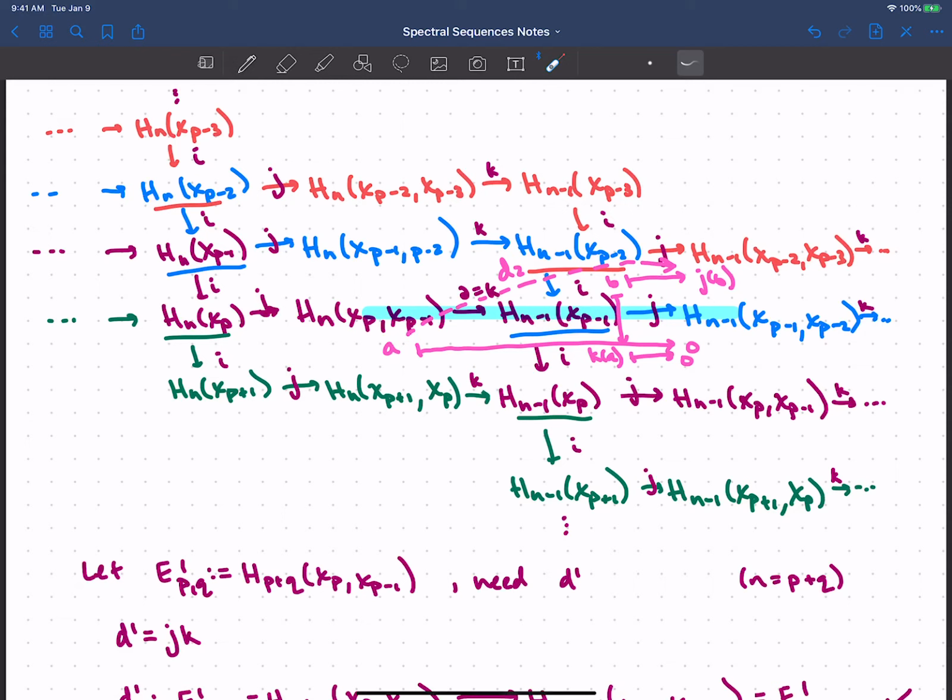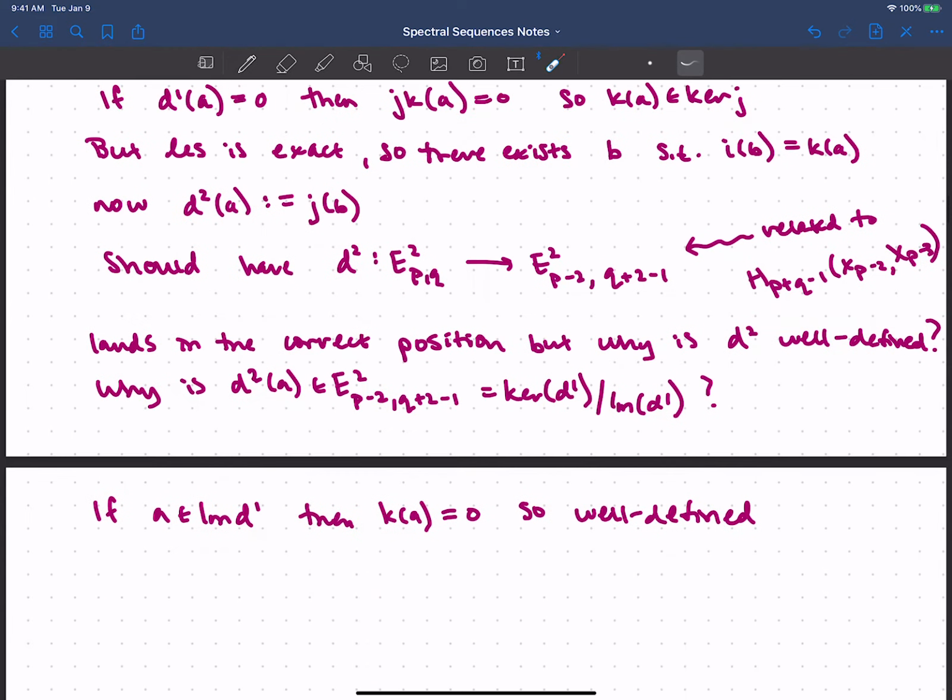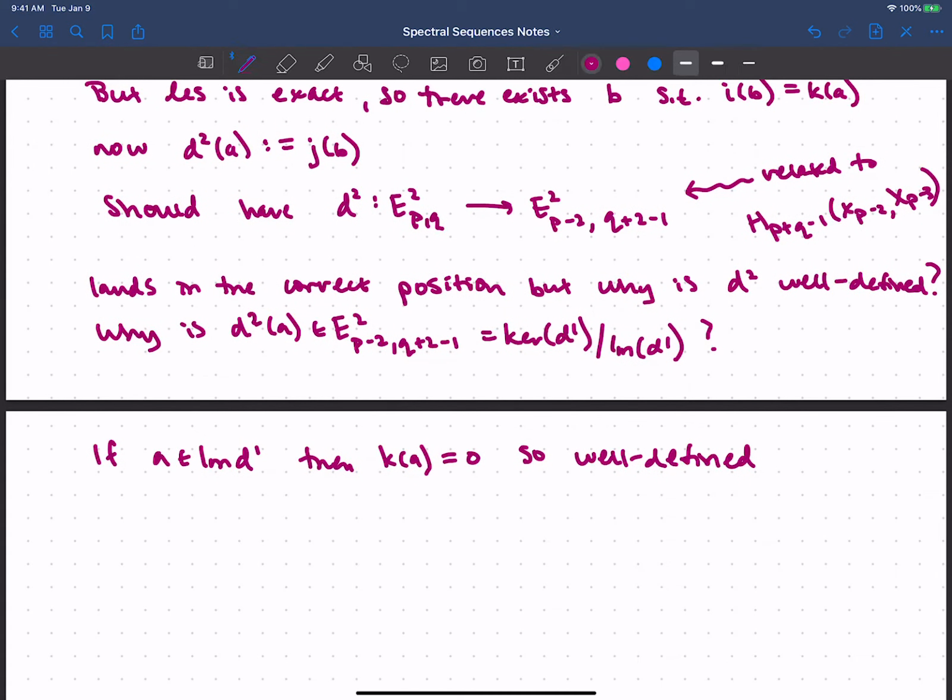Okay, and so if I tried to start with this A and it was in the image of something, then I would play this game where I'd send it over and yeah, I get 0, but I might as well just take 0 here, that's K of A, and I can lift it back to 0, and I send it over to 0, and so yeah, I'm just hitting something that's 0. Okay, just chasing zeros around. I'm going to scroll back down. We checked that this D2 is well-defined. Did we check that it was well-defined?